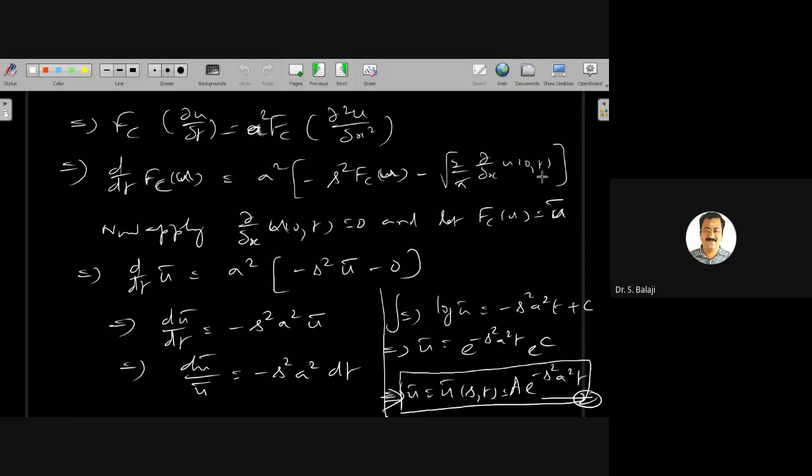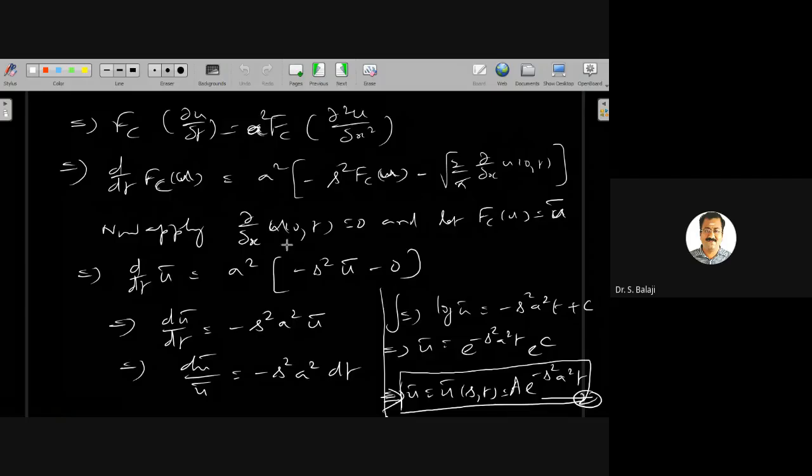The left side is dou by dou t; we can take d by dt outside of the integration, d by dt of Fc of u. This result you already know, and the first result we can substitute here. But this part is given as 0.